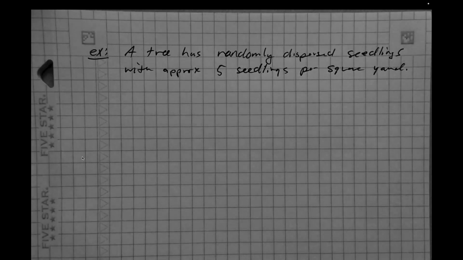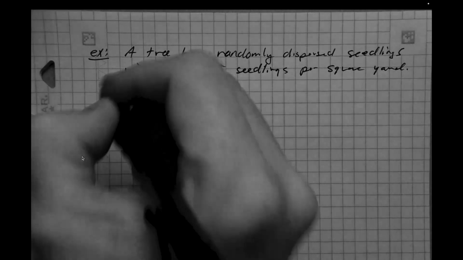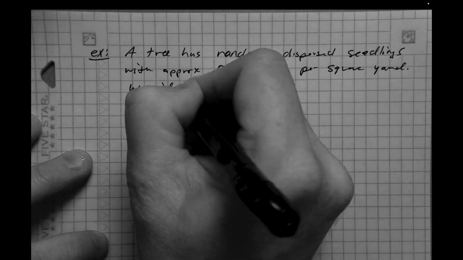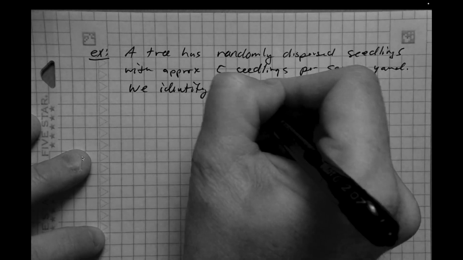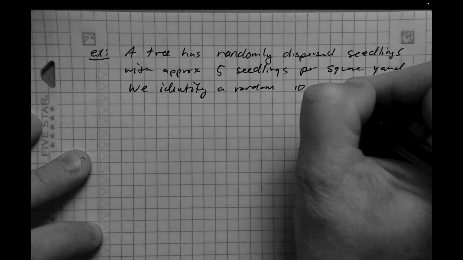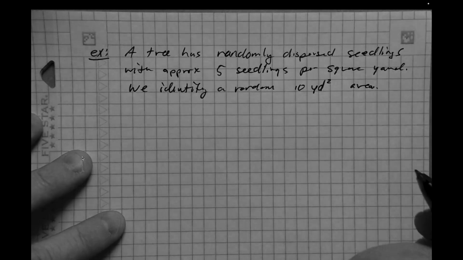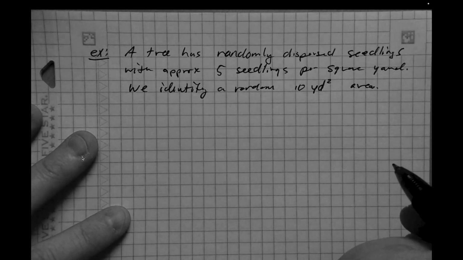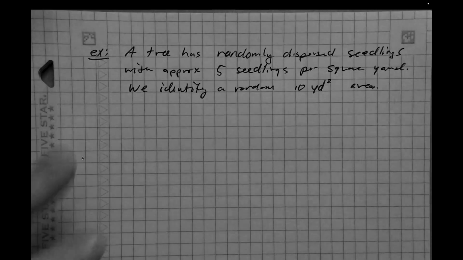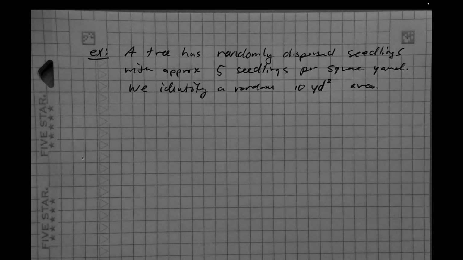Right? 5 seedlings per square yard. If we were to identify a random 10 square yard area, what's the probability that none of the 1 square yard regions inside will have seedlings?